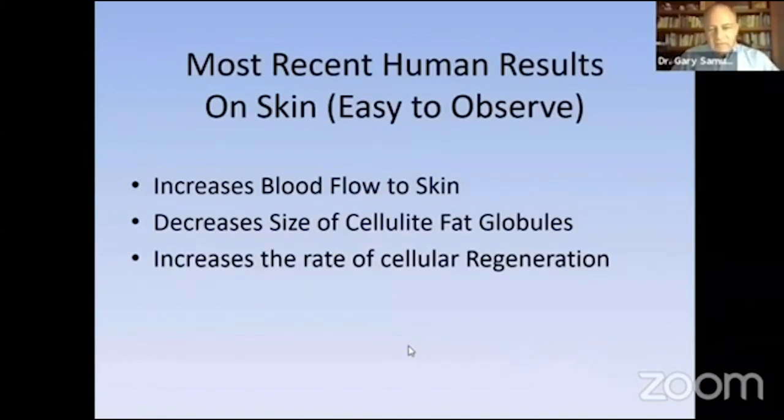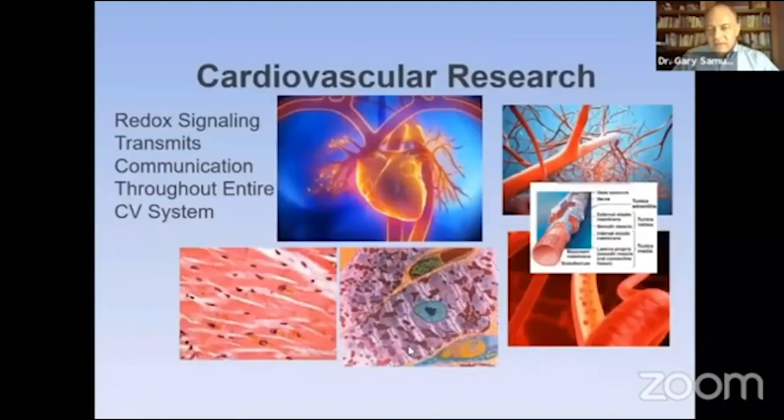It increases the blood flow. It decreases the cellulite fat globules, and then it increases the rate of cellular regeneration. Cardiovascular research, we already knew that it would be incredible for the cardiovascular system. The genetic research said that it stimulates the EGR1 gene that helps to renovate the inside of the veins, these endothelial cells that we were talking about before.